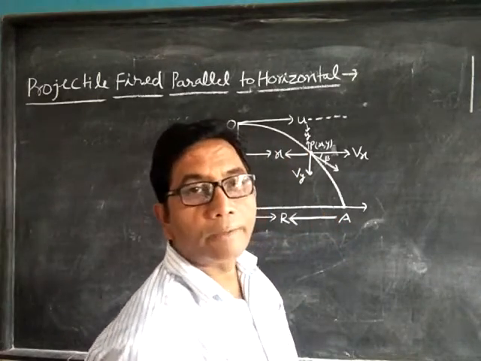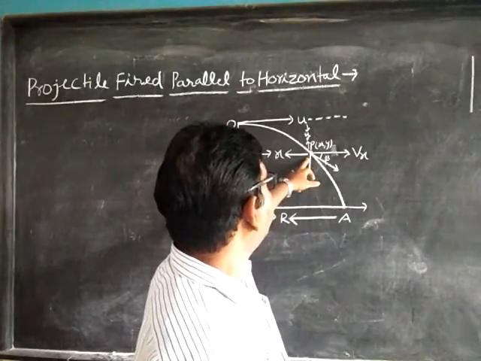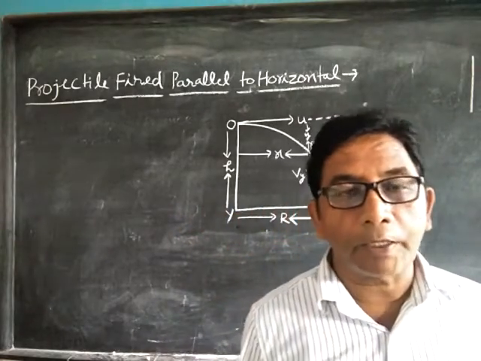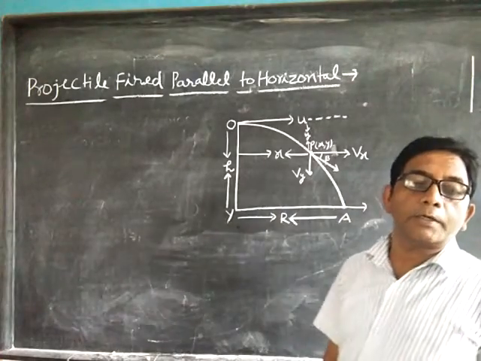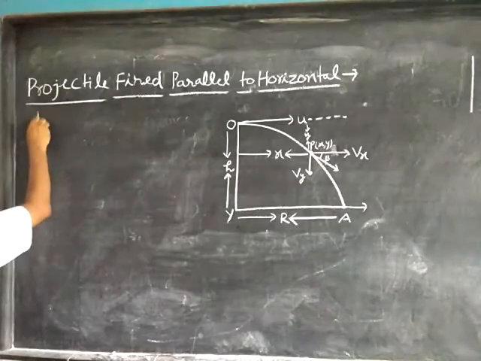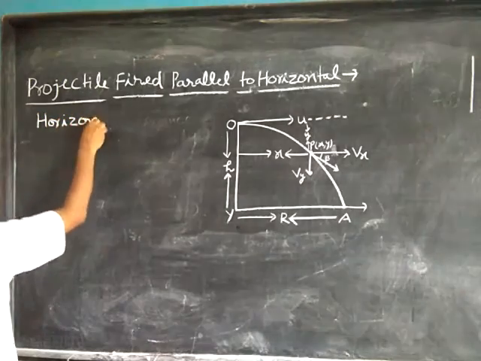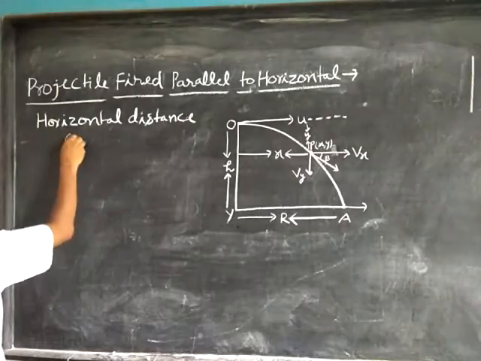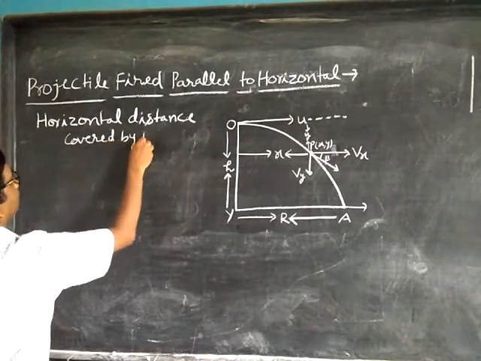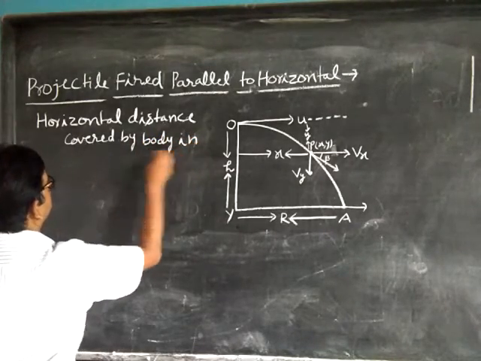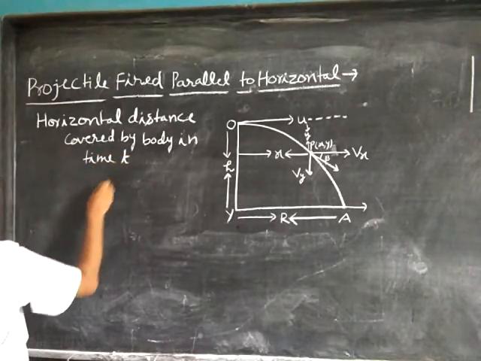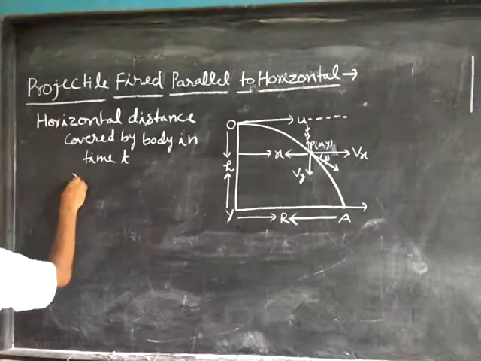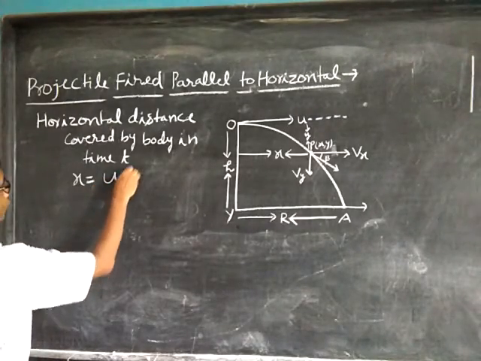Suppose after time t, the body reaches point P whose coordinates are (x, y). Then the horizontal distance covered by the body in time t: we know that distance is equal to speed into time, here velocity into time, that is x is equal to u into t.